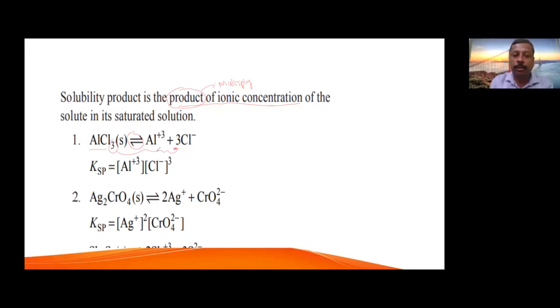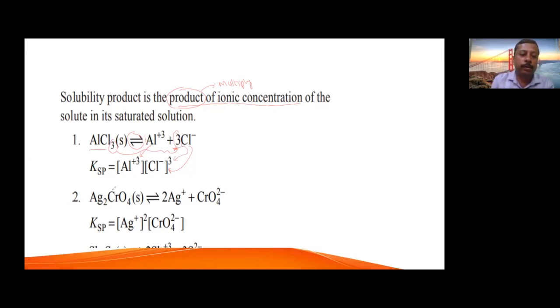AlCl3 on dissociation gives 1 mole of Al3+ and 3 moles of Cl minus. So Ksp of AlCl3 is equal to the concentration of Al3+ and the concentration of Cl minus to the power of 3. Don't forget to write this coefficient as a power.